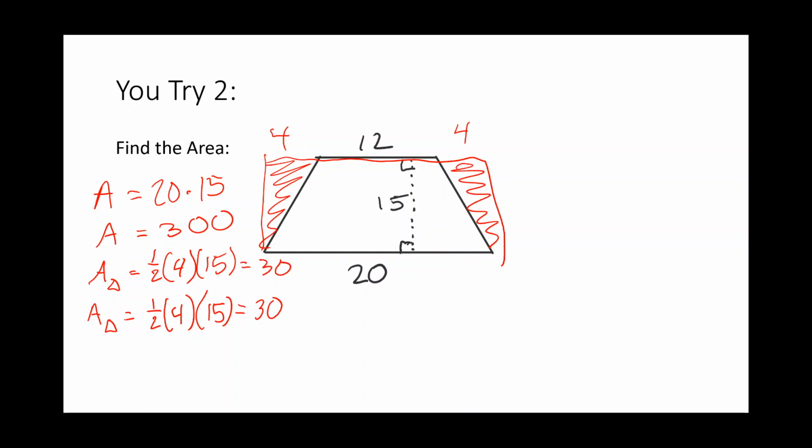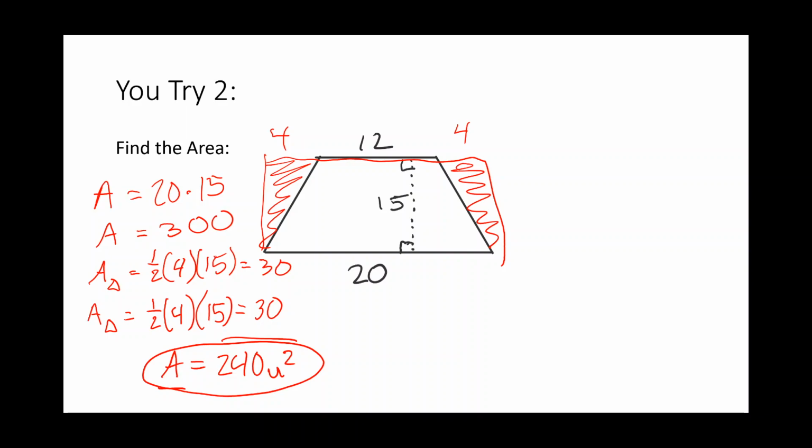So 300 minus 30 minus 30 will give us our total area, which is 240 units squared. It's going to be the area of our whole shape.